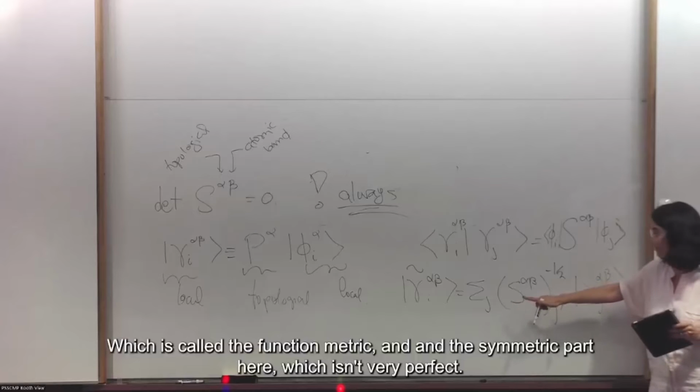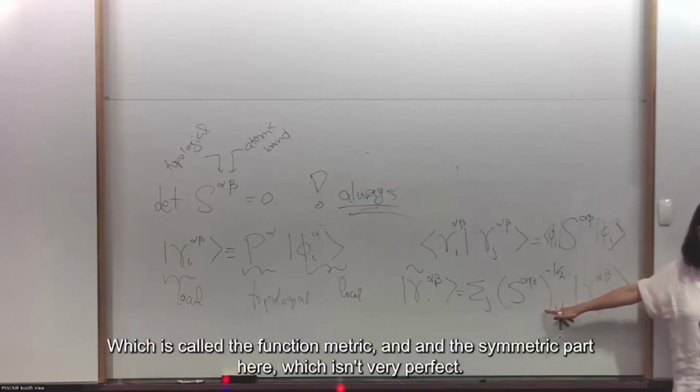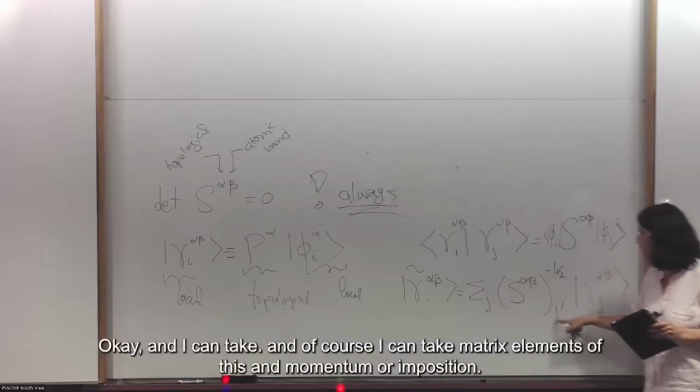And of course, I know that there's a determinant 0 here. If I have one 0 eigenvalue of this matrix, I won't be able to do it, but you can also read it in this way.